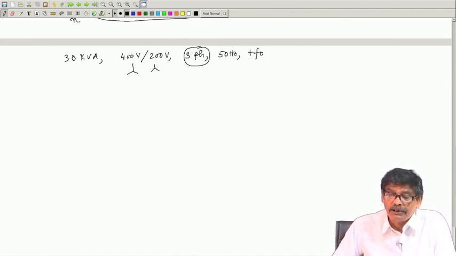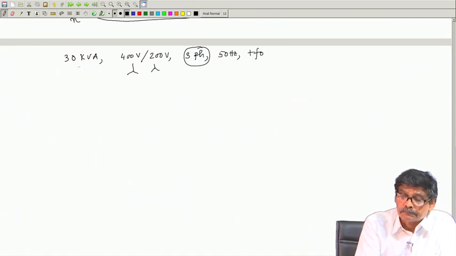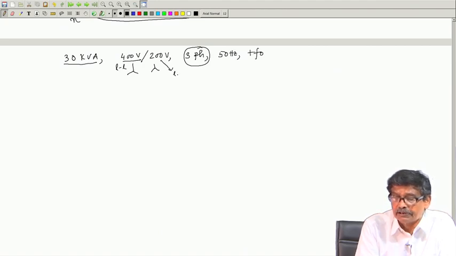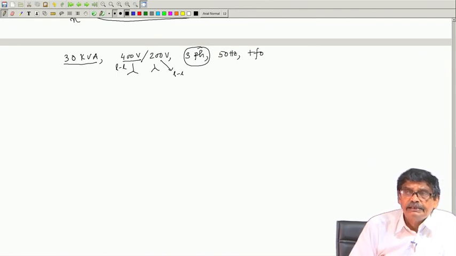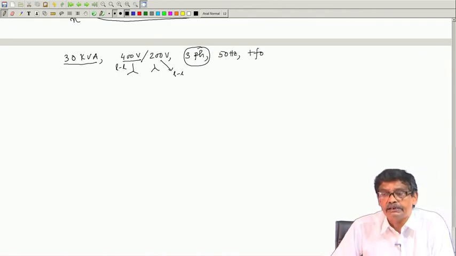So, what do I know about these things? About these things I know that this is the total kVA, this is line to line voltage mind you of the HV side, this is line to line voltage. So, in the same way you carried out the open circuit and short circuit test, here also you should do the same thing.